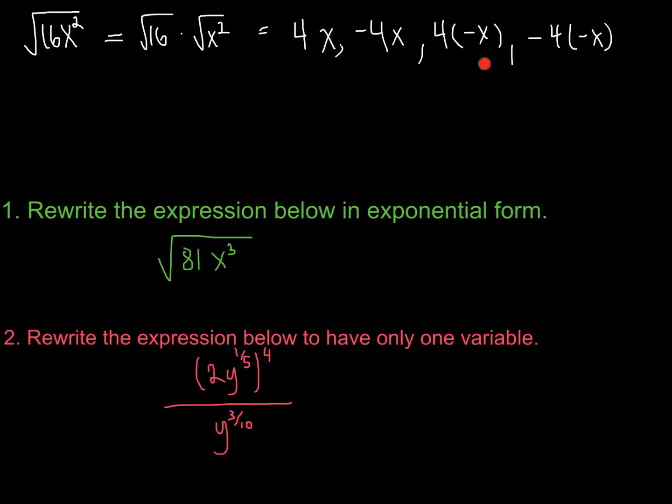And this looks really confusing, so let's eliminate the ones that are the same. Notice that negative 4 times negative x is going to be the exact same thing as 4 times x. So I don't need to worry about this one. And these two here are exactly the same because I have a negative 4 times x and 4 times negative x, and so either way this is going to be negative 4x.